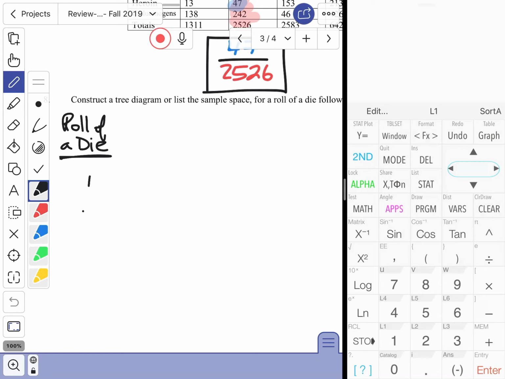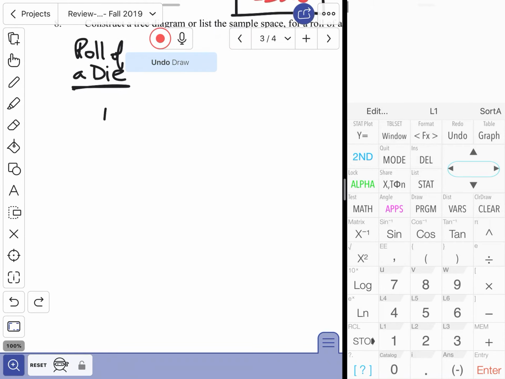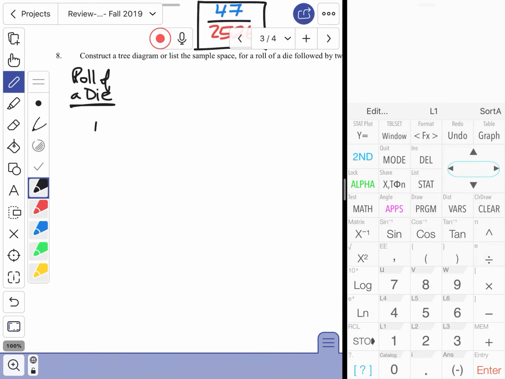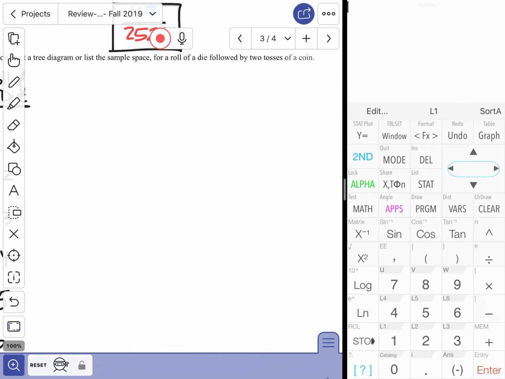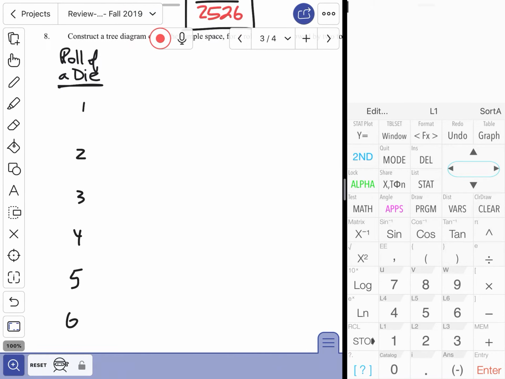All right, so 1, 2, maybe a little bit more space. Those are our outcomes for a single roll of a die, followed by 2 tosses of a coin.